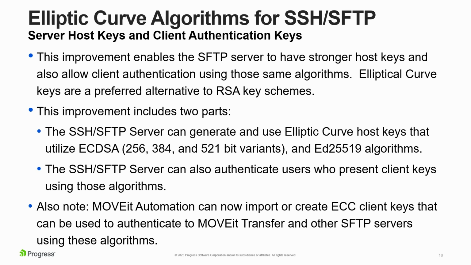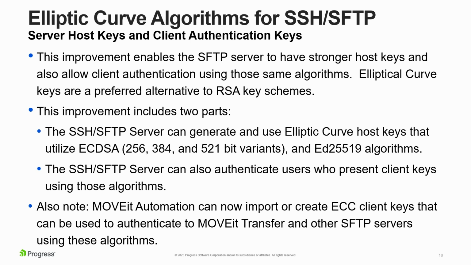So just a lot more difficult to break, and really where the security ought to be, where keeping your files secure is an essential business priority. And yeah, you can authenticate users who present client keys using these algorithms.